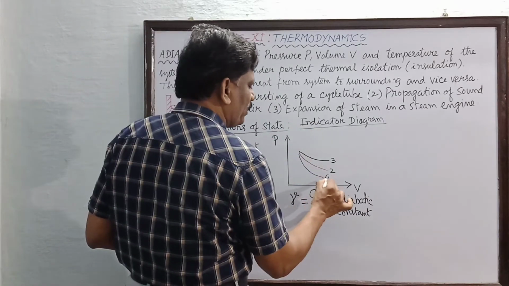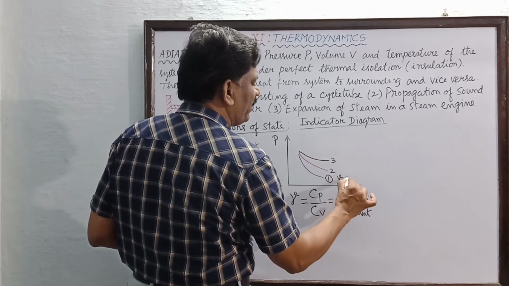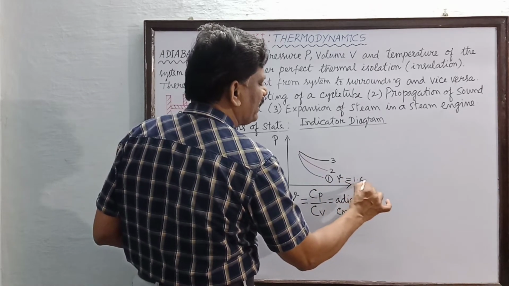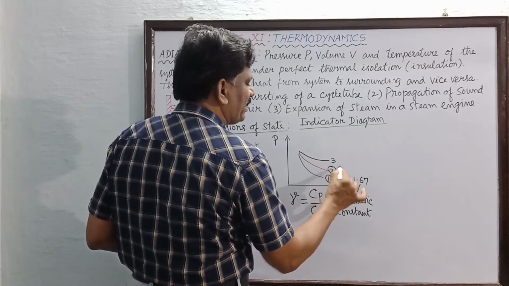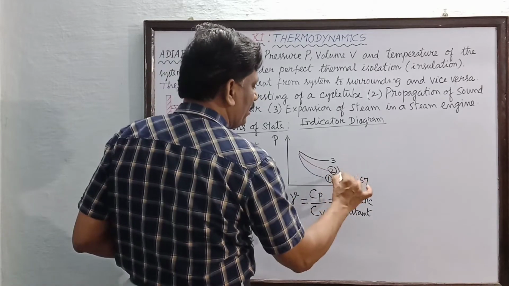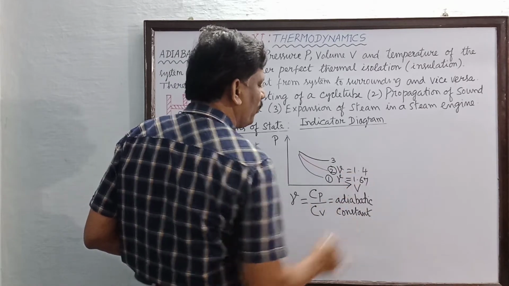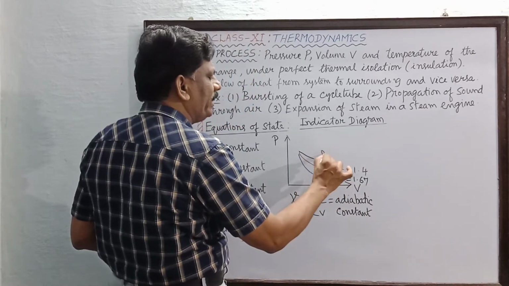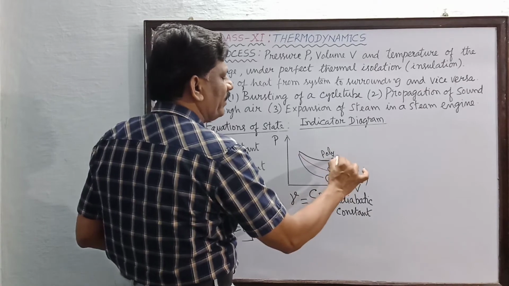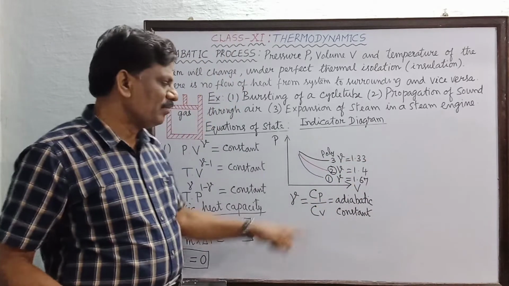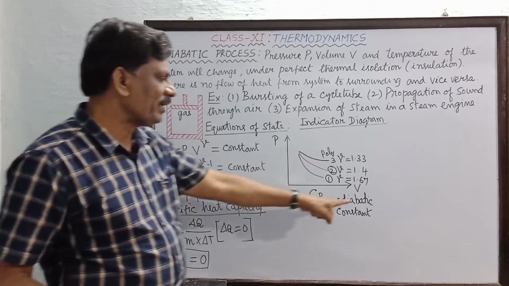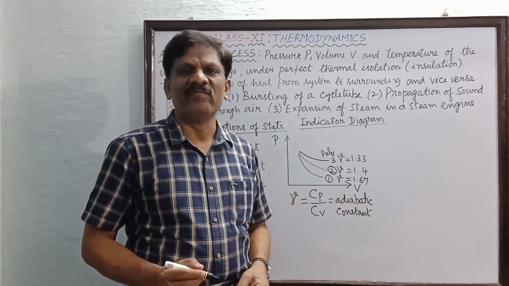For example, for the monatomic gas the value of gamma is taken as 1.67. For diatomic gases like air, the value of gamma is found to be 1.4. And for polyatomic gases, the value of gamma is found to be 1.33.